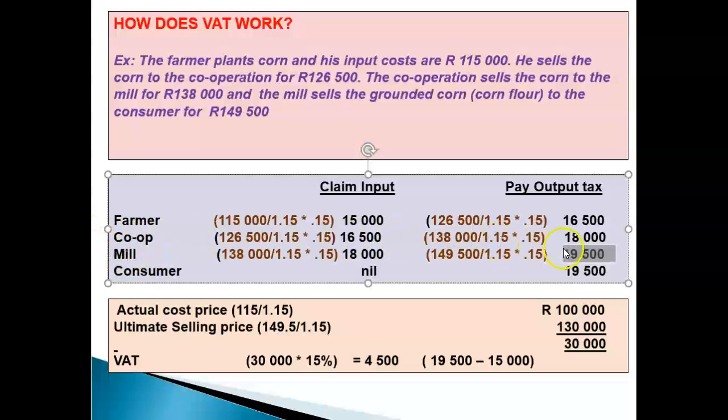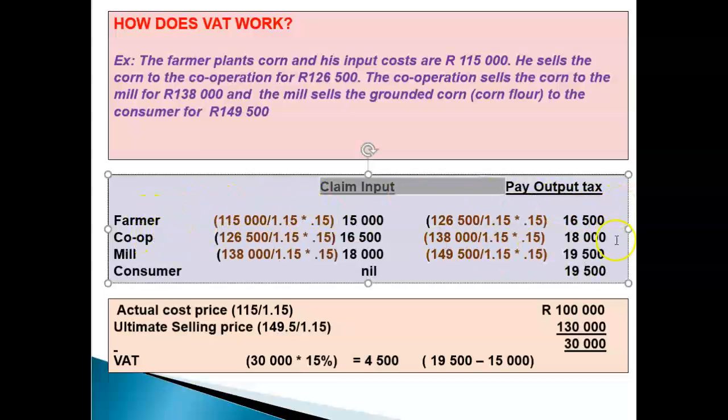So the mill has to pay over output tax to the receiver of 19,500, but they can claim input tax on the cost of that flour of 18,000 Rand. So again, the mill has to pay over a net amount to the receiver of revenue of 1,500. So let's quickly add up. The farmer had to pay a net amount of 1,500.